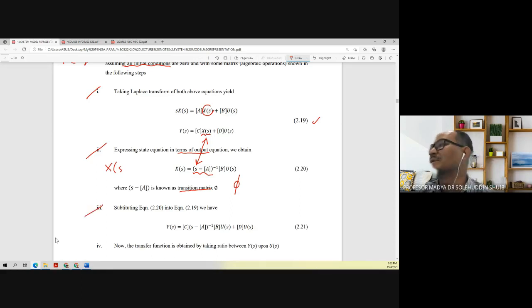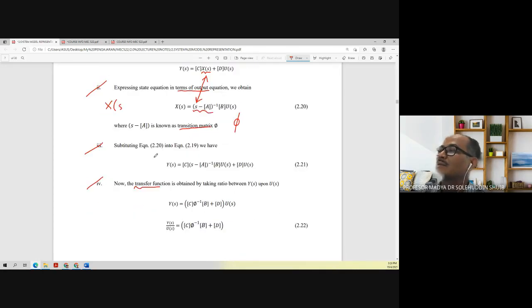Simple substitution. And then now the transfer function is obtained by taking Y(s) upon U(s), the transfer function as we defined earlier. We want to write it in terms of the transition matrix, where sI minus A is the transition matrix.